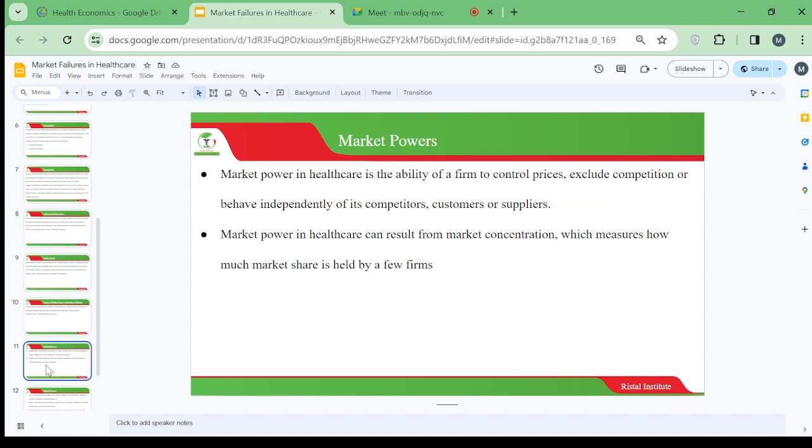And then the last point is about market power. Market power is the ability of a given firm to control the prices and exclude competition or behave independently of its competitors, consumers, and suppliers.